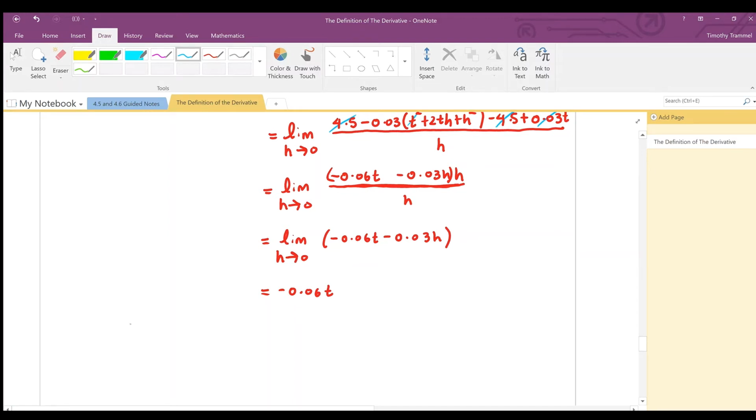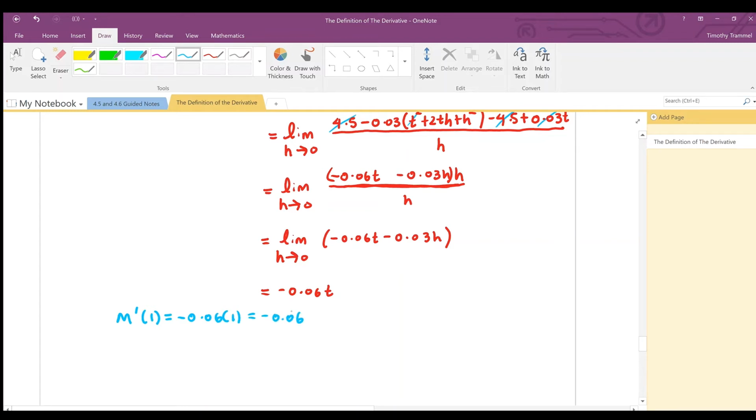And now that we've found our derivative, we can find what we were looking for. We were looking for m prime of 1. Okay. So if we plug in 1, we just have minus 0.06 times 1, which is minus 0.06.